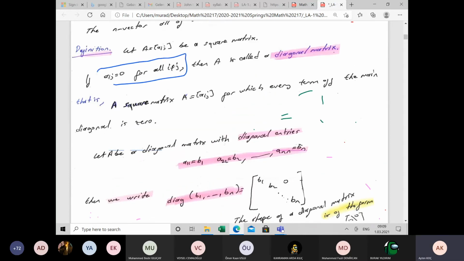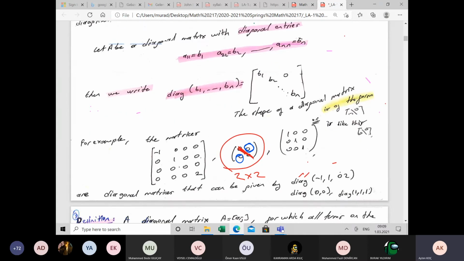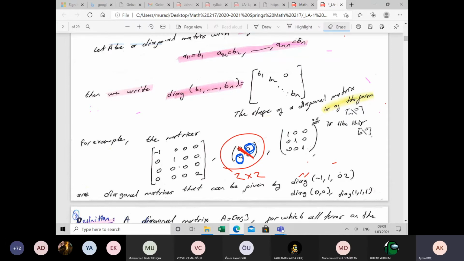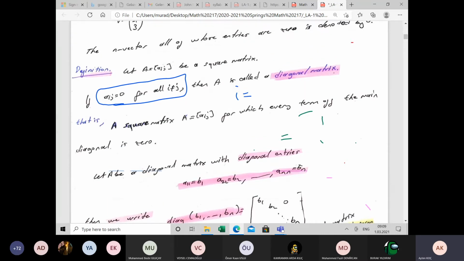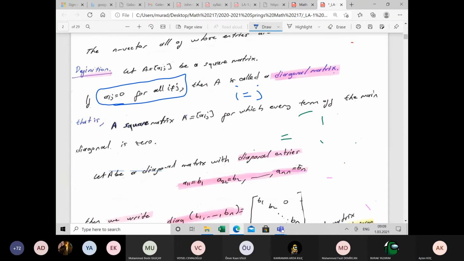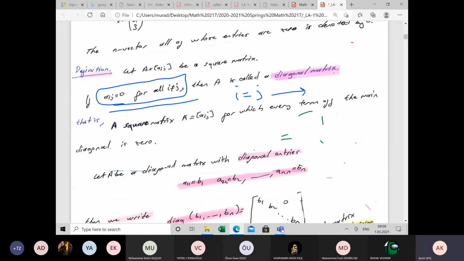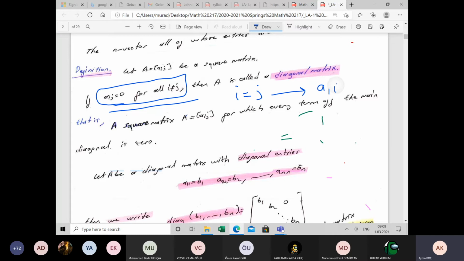For A sub i j with i different from j, the entry should be 0. Look at our matrix: this one is 0, this one is 0. Yes. But also here, a main diagonal entry is 0. Look at the definition again. If i equals j, we don't know this entry a sub i i, only that it is a real number.